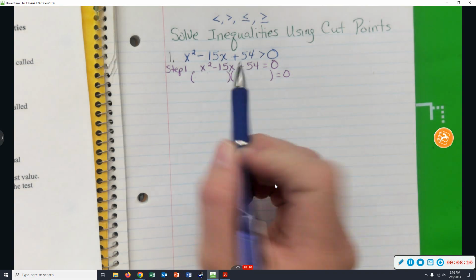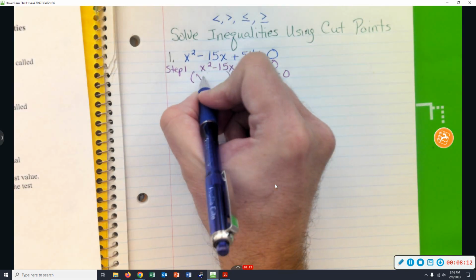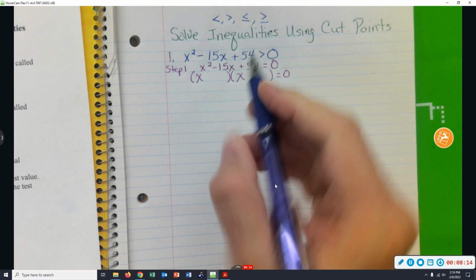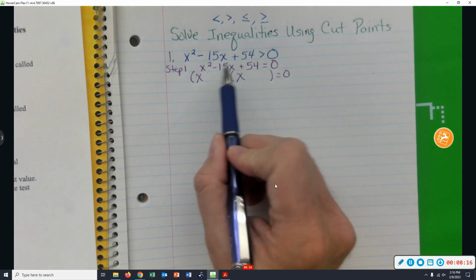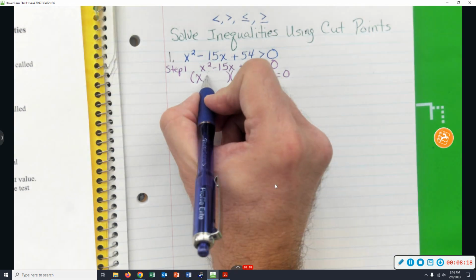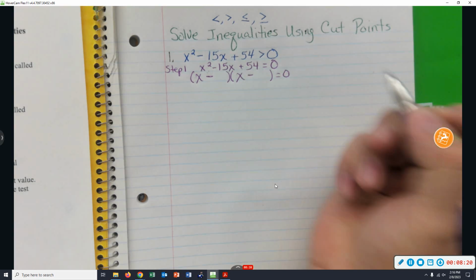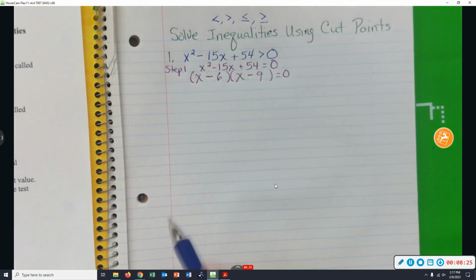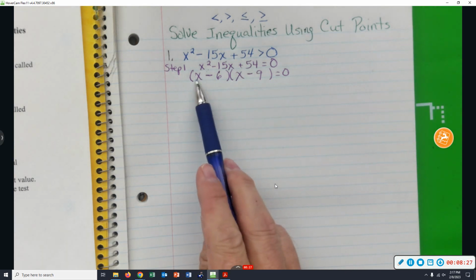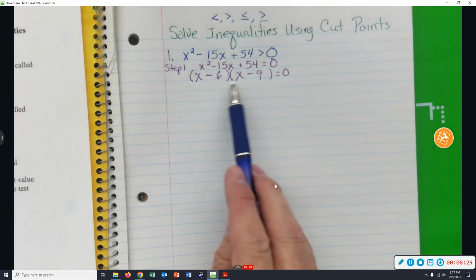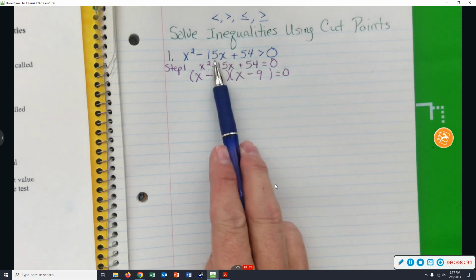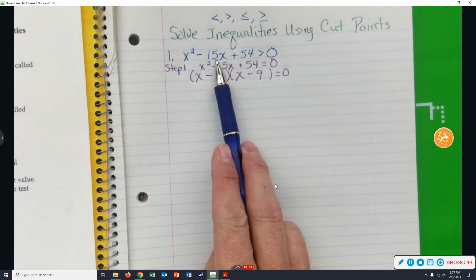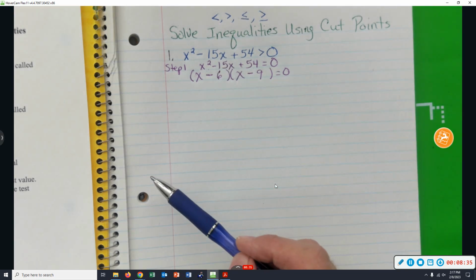So, x and x. Now, what about our signs here? The second sign is plus, so 2 of the first, so 2 negatives, and 6 and 9. If you FOIL that out, you have x squared, then minus 9x and minus 6x would combine to give us the minus 15x and 54.